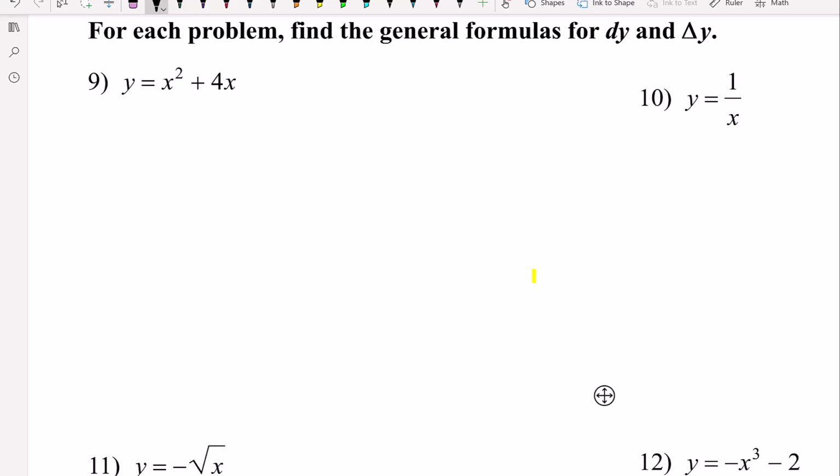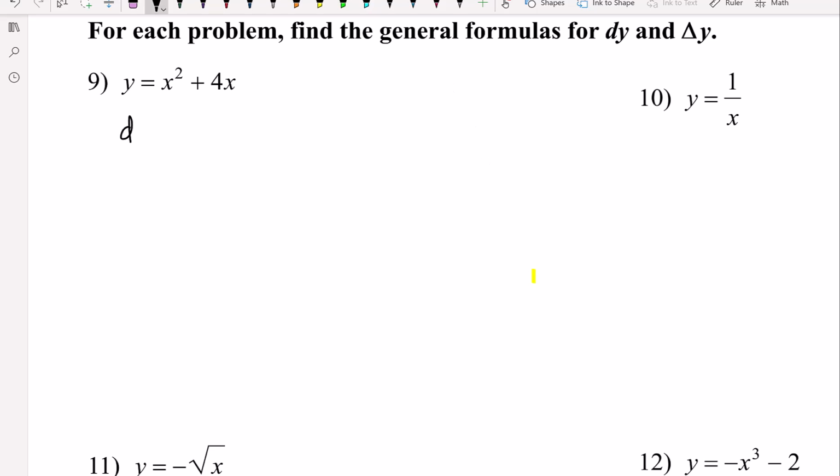Remember, delta y, when you're looking at a graph like this, and here's the y value, and so if you have x1, x2, here's y1, y2, this change right here is delta y. That's what we're talking about when it's talking about delta y.